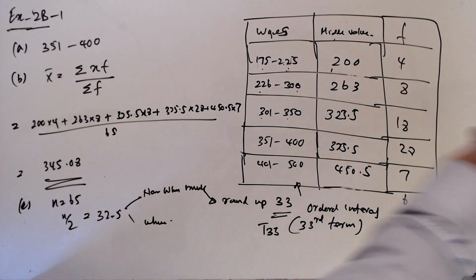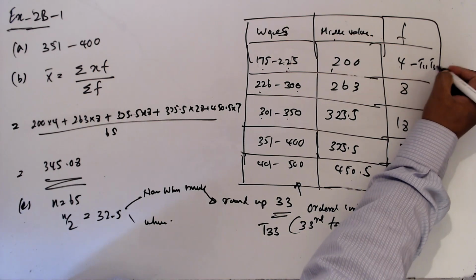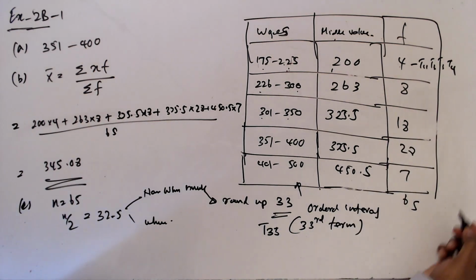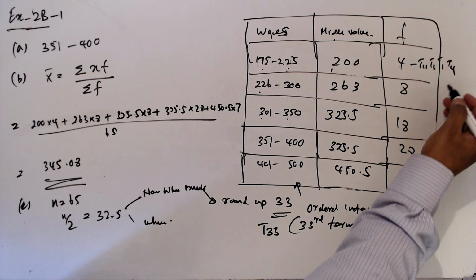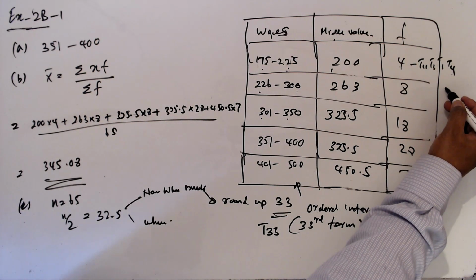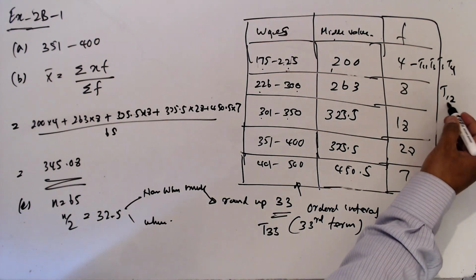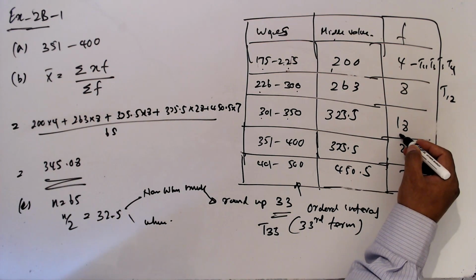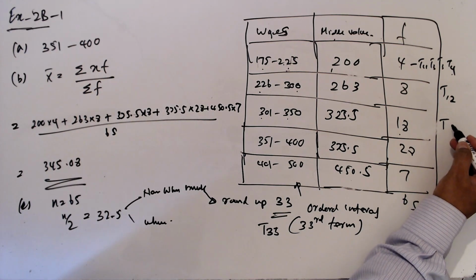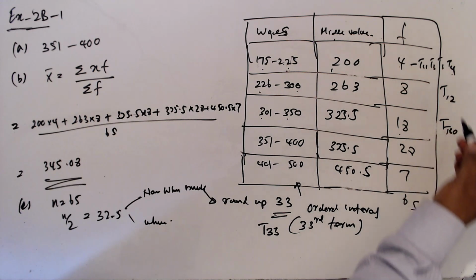So this is 4. This is T1, T2, T3, T4 terms, this one. Then T4 plus 8, T12 term here up to. Then T12 plus 18, T30 terms here.